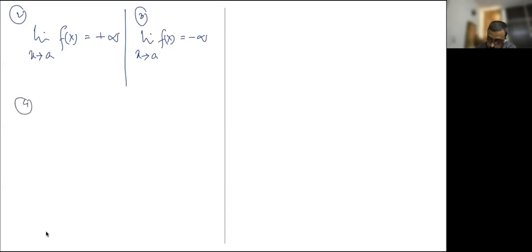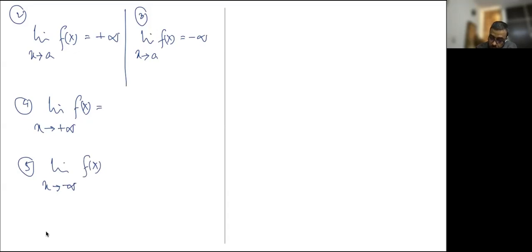Then the behavior of f near infinity. Behavior of f near minus infinity. So, okay, maybe instead of 1, 2, 3, I should have said 1a, 1b, 1c.